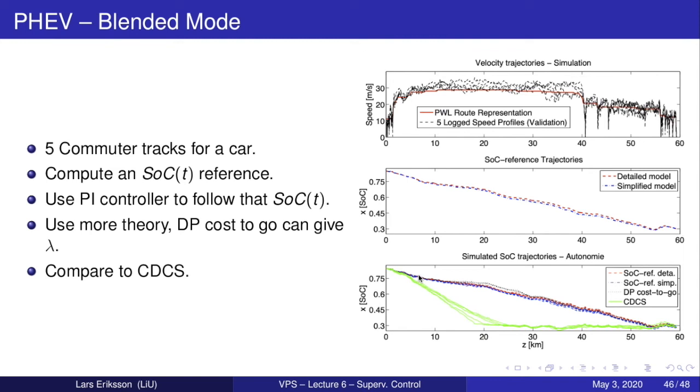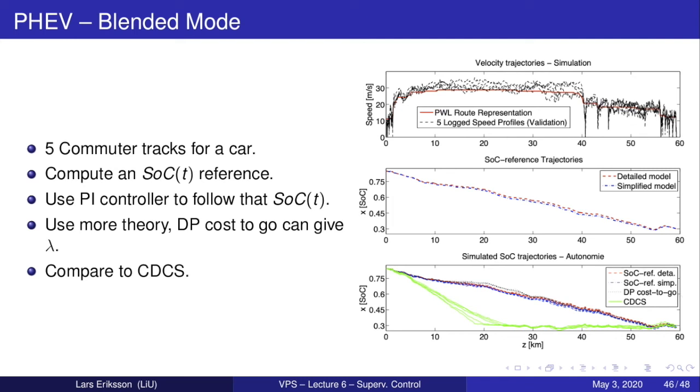And then if you compare control strategies that utilize this SoC reference, or if you use a charge depletion, charge sustain strategy, you have the green ones here. So if you start comparing them to each other, we have reference data, we have a simplified model, and then we have dynamic programming. In dynamic programming, the cost to go function can, from control theory, be differentiated.